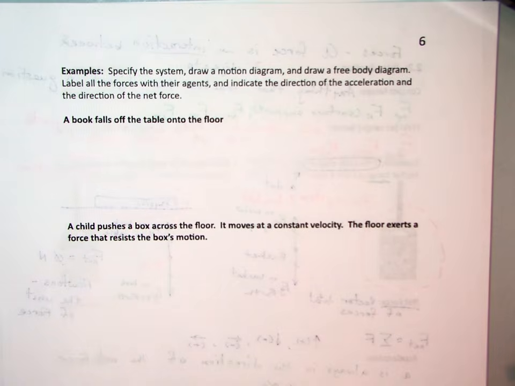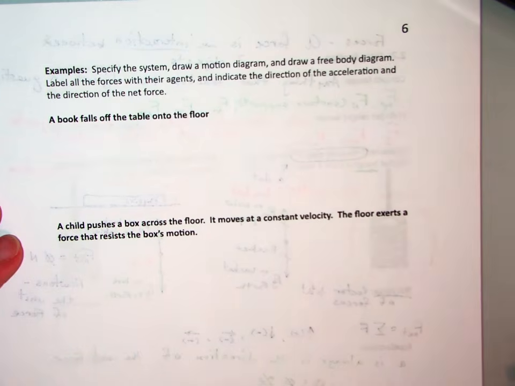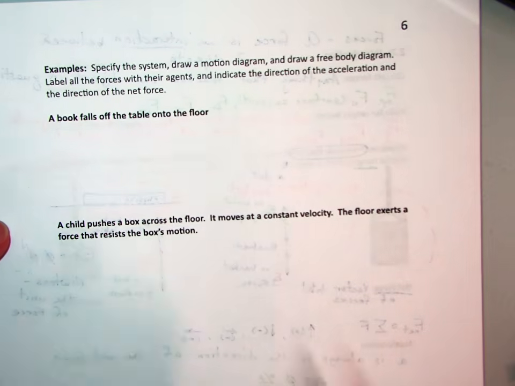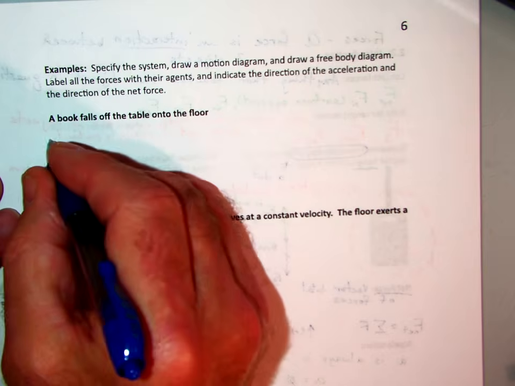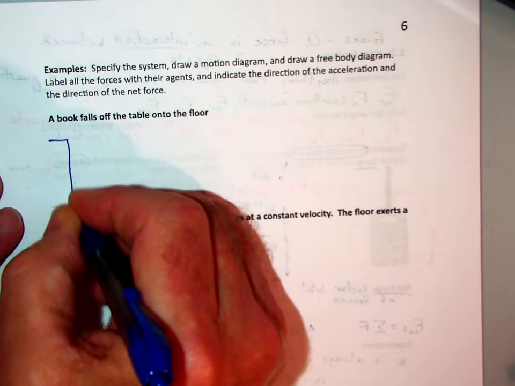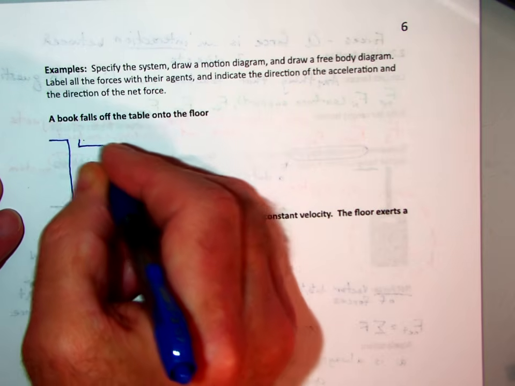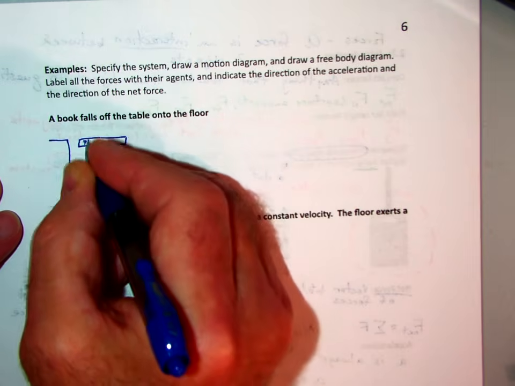Right, in these next two examples, we are looking at drawing free body diagrams of a book falling to the floor and of a child pushing a box across the floor. So in this first case, we've got a shelf from which a book has fallen.